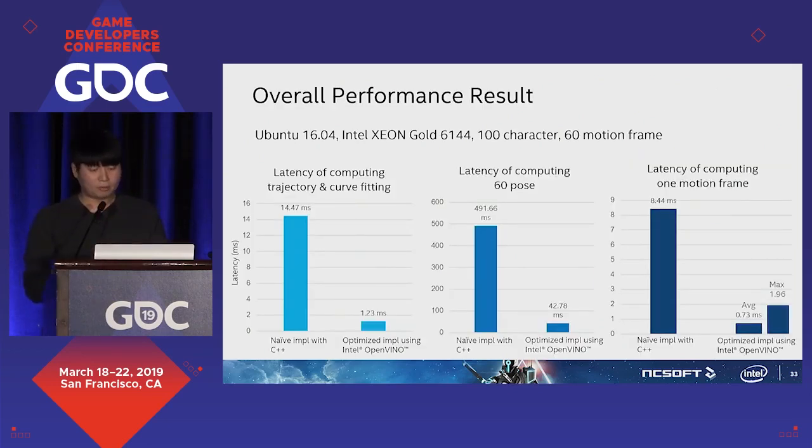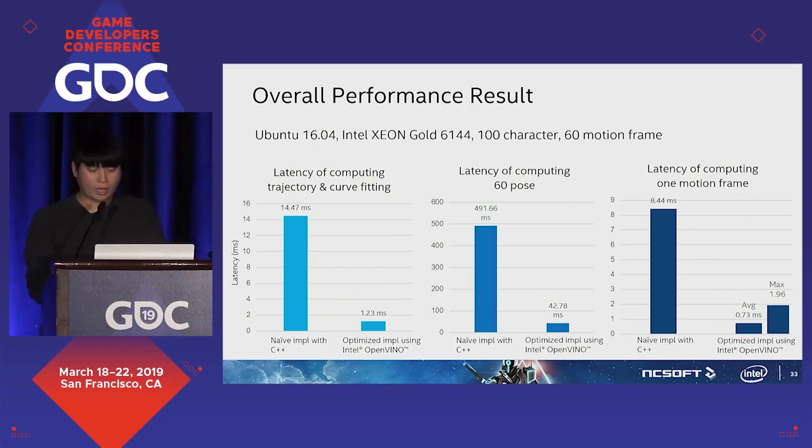To check the optimization results, we measured the latency costs for generating 100 character motions. One is the latency of trajectory and curve fitting, and the other is the latency for generating 60 poses. In both cases, our IK server using OpenVINO was about 11 times faster than our naive implementation in C++.